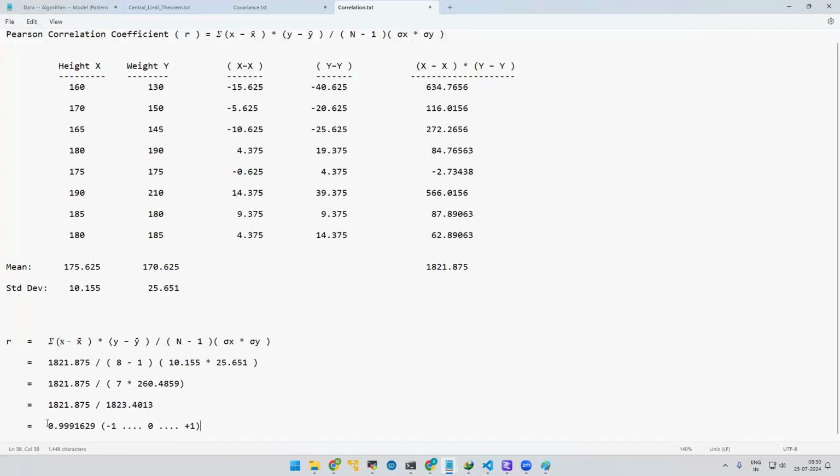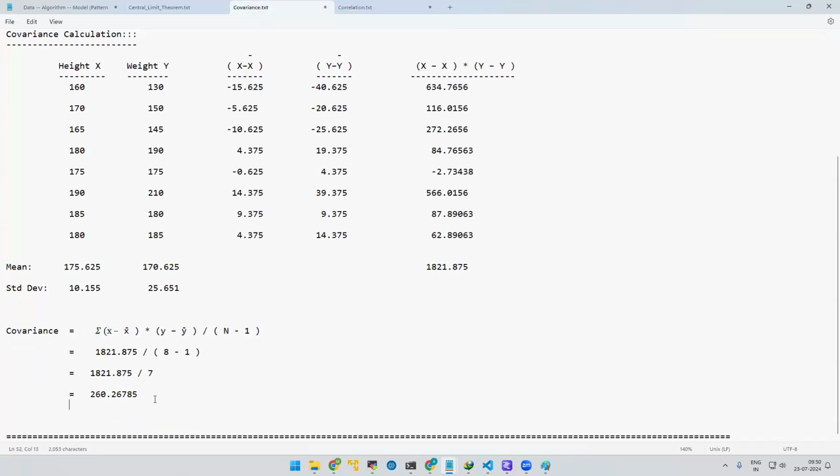Here in this case it is positive, so we get a value in between these. What does this mean now? It is 0.99. If height increases, weight will also increase at a rate of 99.91%. So in almost 100% of cases, if height increases, weight will increase.